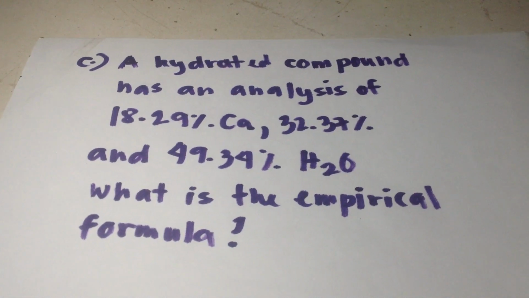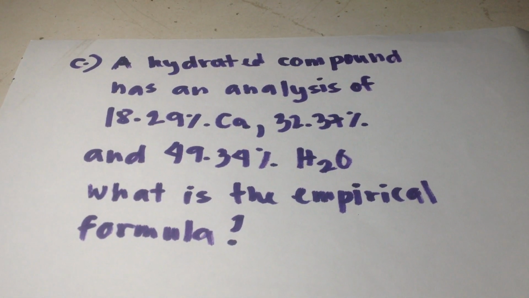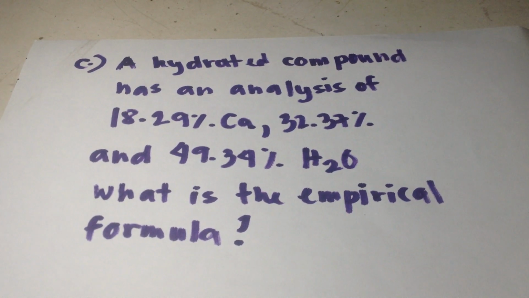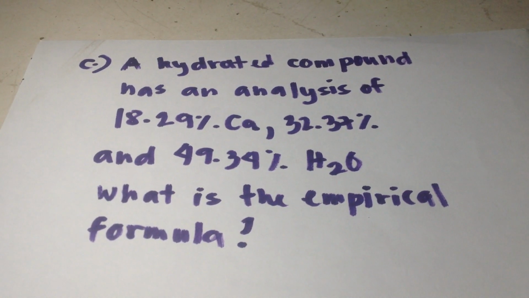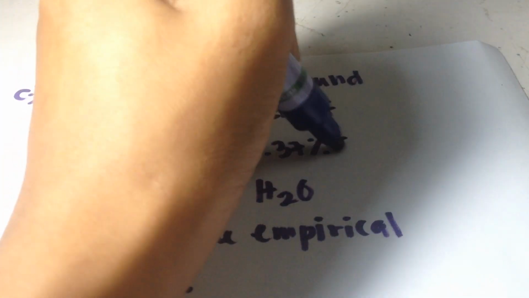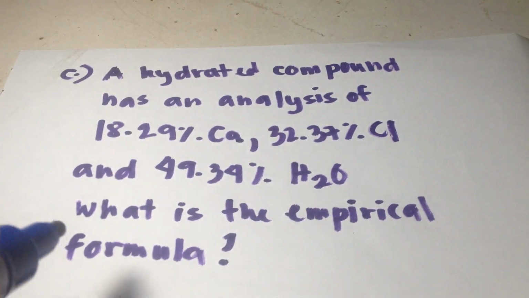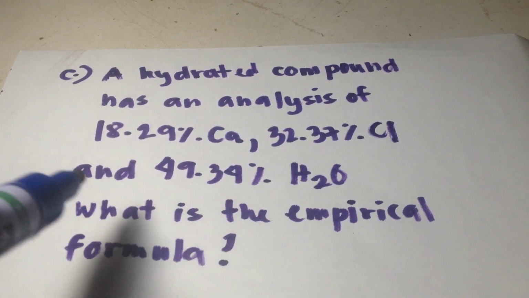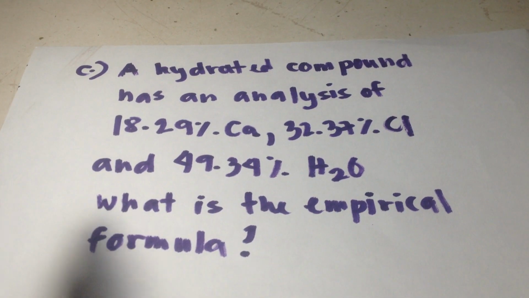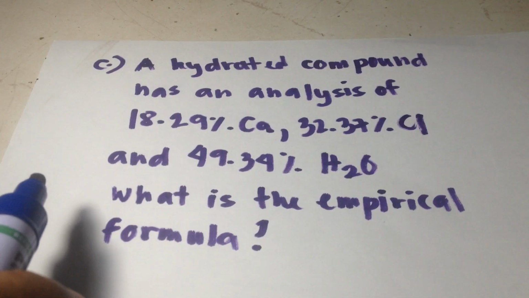Okay. How about in letter C? Right, in letter C, a hydrated compound has an analysis of 18.29% of calcium and 32.37% of chlorine, and 49.34% of water. What is the empirical formula? So let's begin. This is hydrates.